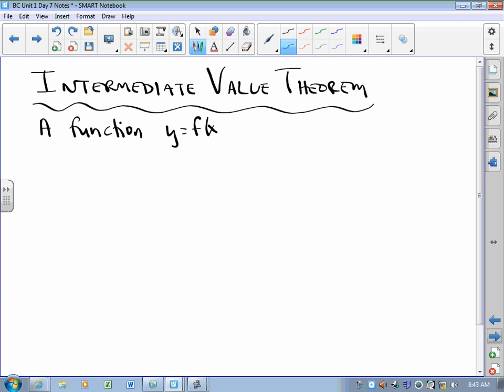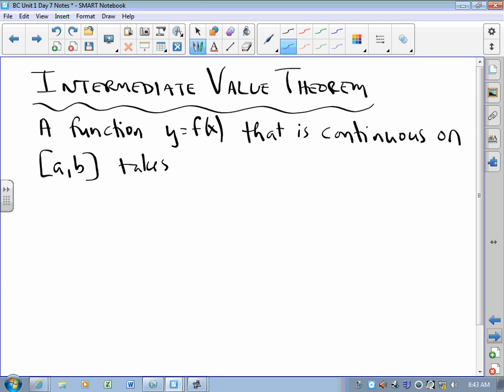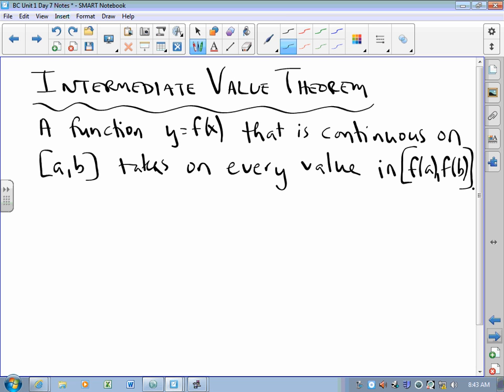A function y equals f of x that is continuous on the closed interval AB takes on every value between f of A and f of B.